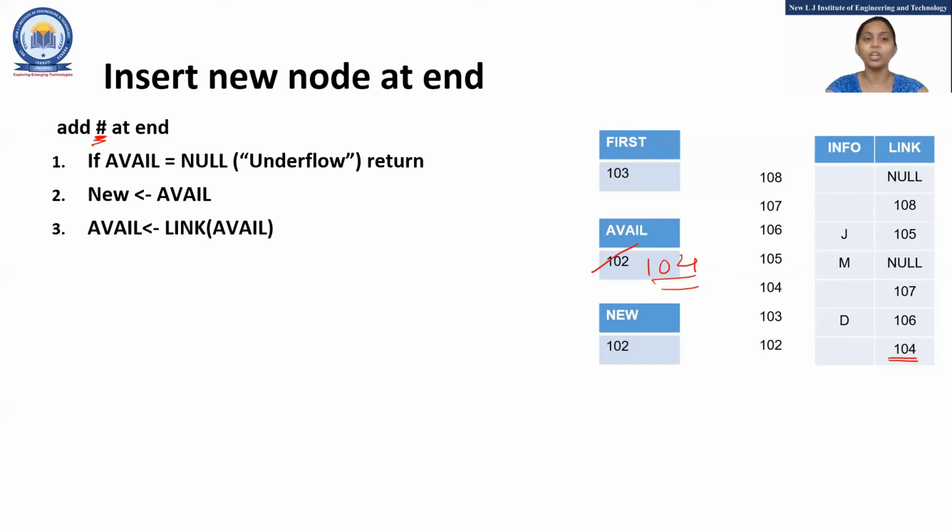Now what is the fourth step? The fourth step is to initialize our new node. Initialize means you also have to update your info part as well as link part. For updating the info part, the new value you want to add will be stored in variable x.